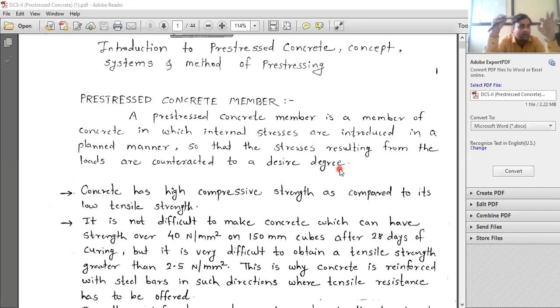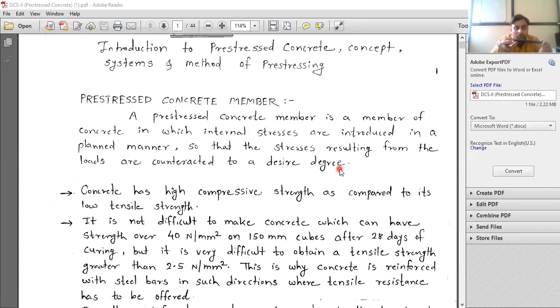Right now, try to understand that on this beam a downward load is acting, also the self weight of the beam, which is a UDL. So due to this loading, there is a generation of direct stress as well as bending stress.